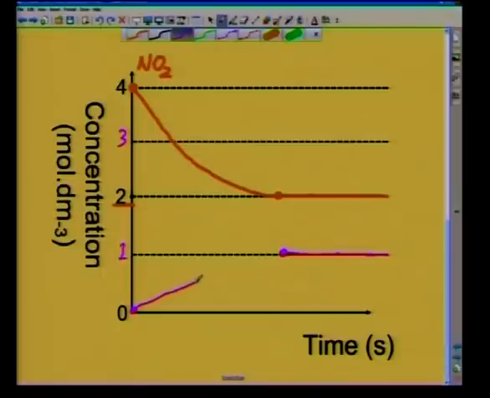So the reaction rate increases and reaches a state of equilibrium at that point. So that's the line I would have. That one is for nitrogen dioxide, and this one will be for dinitrogen tetraoxide.